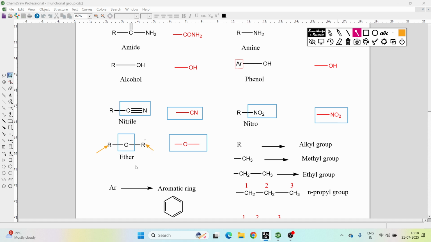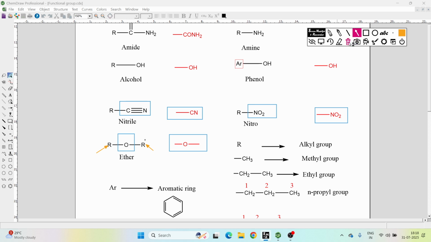So R and R dash can be similar or different. Sometimes both alkyl groups are similar, they may be different, or you may have one alkyl group and one aromatic ring, or both aromatic rings. There are a lot of possibilities. We are not going into the detail as we are studying the functional group. So the functional group is this group, O, attached to an alkyl group or aromatic ring.